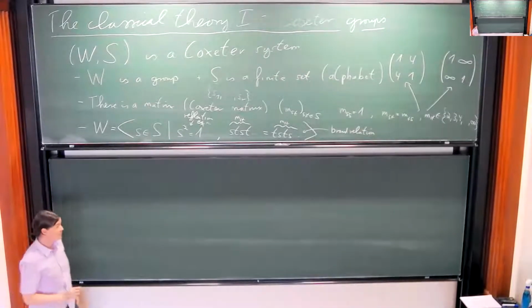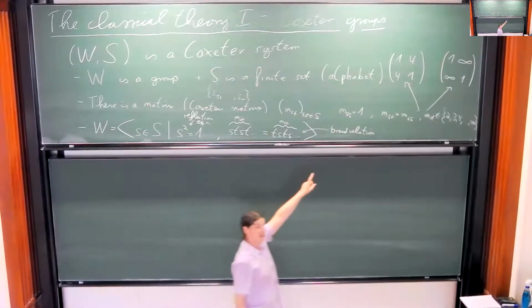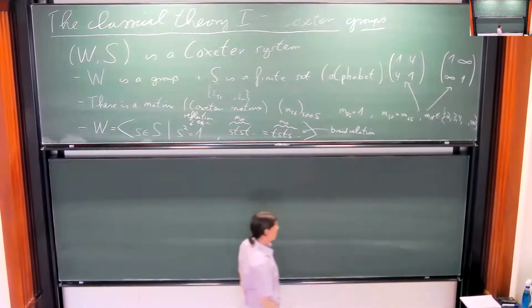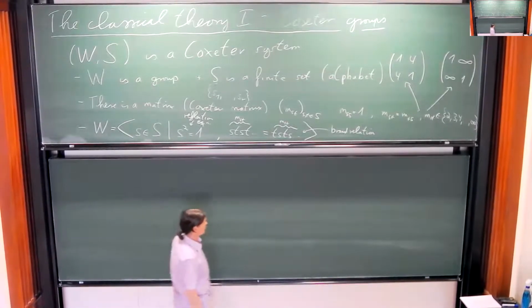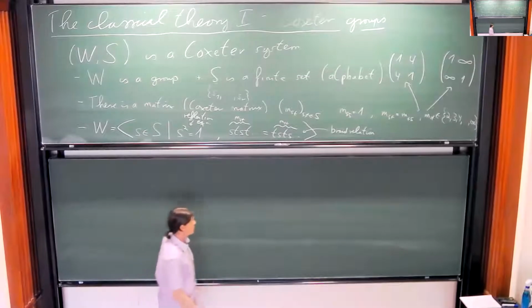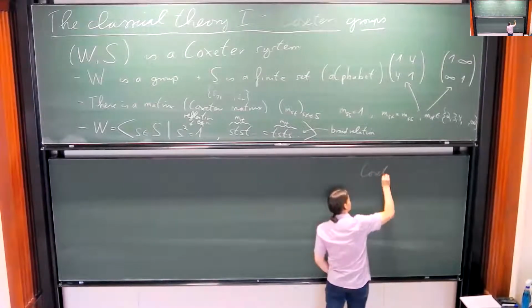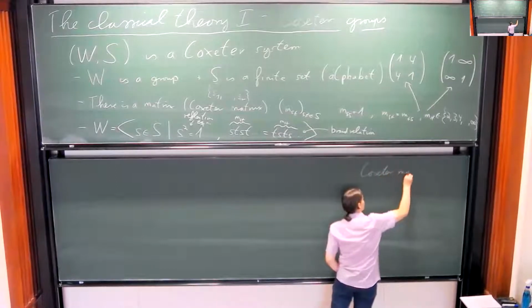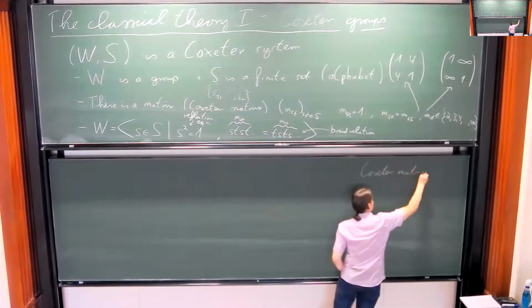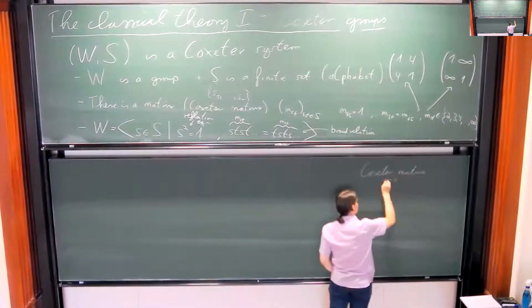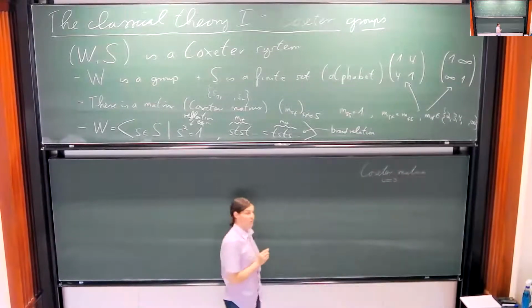Before doing examples, I want to find a nice way to encode the Coxeter matrix. And the way to encode the Coxeter matrix is to use a graph. Okay? A Coxeter matrix corresponds to a graph, which is what is called the Coxeter graph.